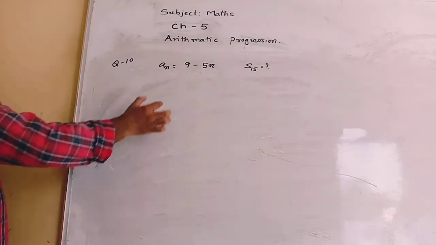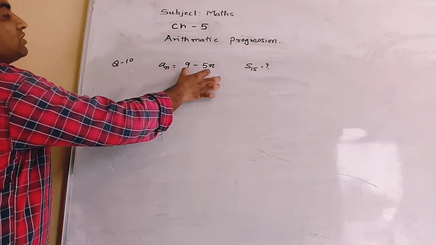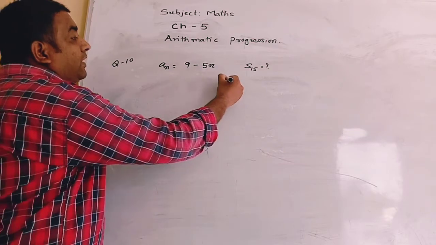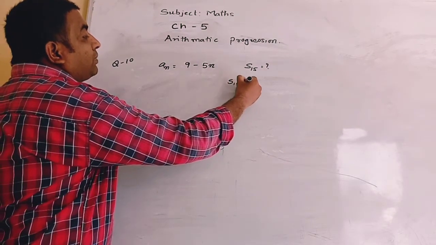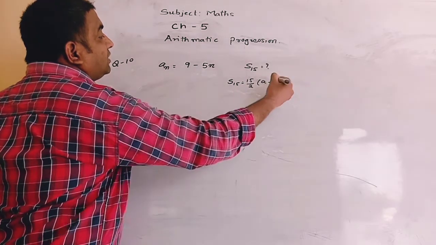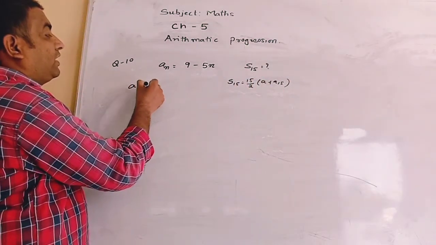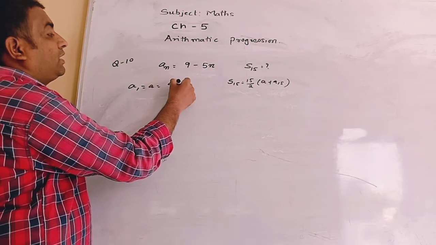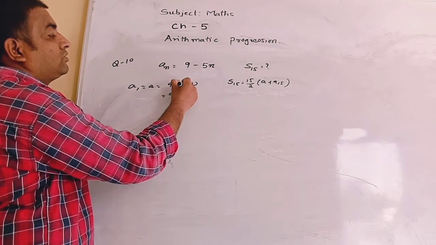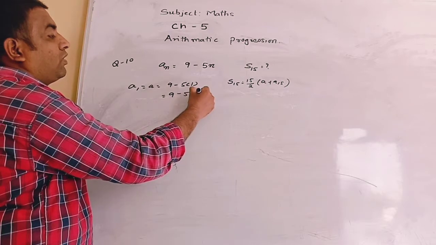Now the second question, the same question, when an equals 9 minus 5n, and then find S15. So again, S15 equals 15 by 2 into (a plus a15). So we calculate a: a1 equals 9 minus 5 into 1, so 9 minus 5, that is 4.